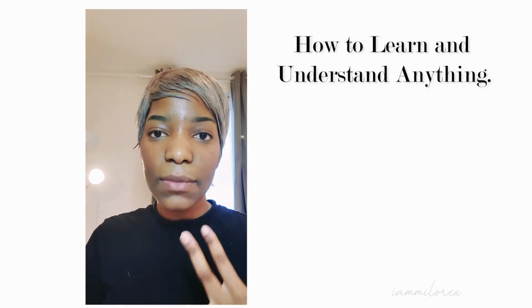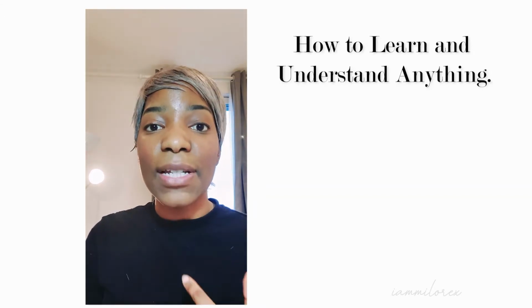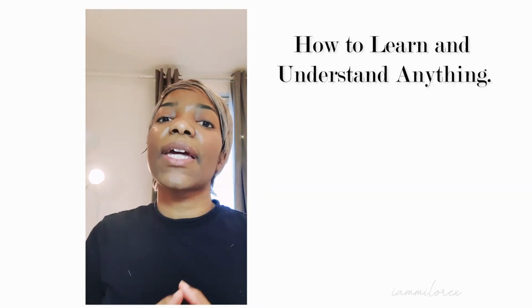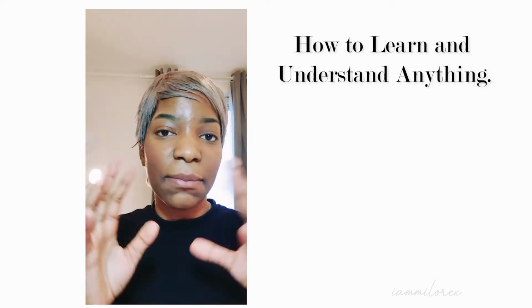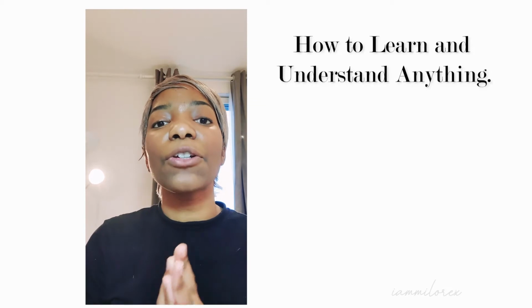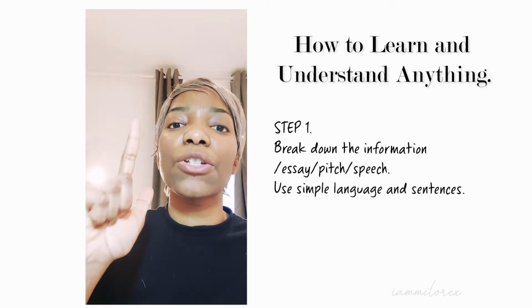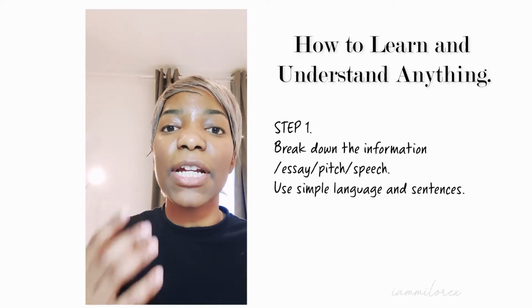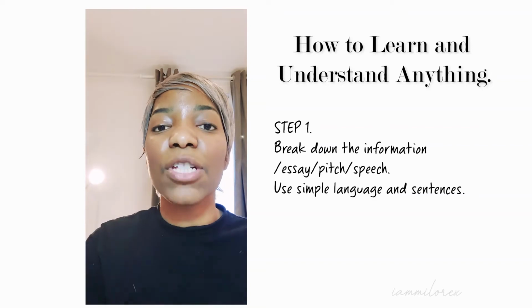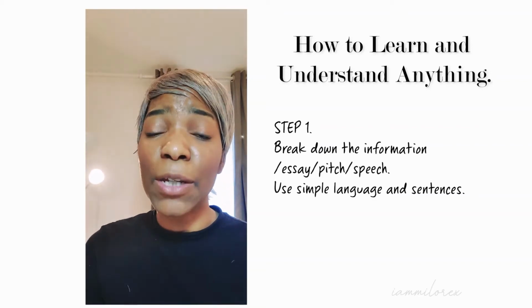If you're studying, if you're presenting any kind of work, and you want to make sure that you understand the concept, you're going to write down the information. It can be an essay, whatever it is, and then you're going to break it down. You're going to use incredibly simple language and incredibly simple sentences to make sure that this 6th grader, this 12-year-old you're explaining to, understands everything really well.